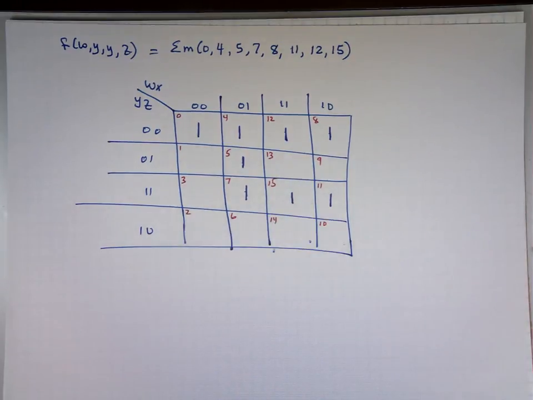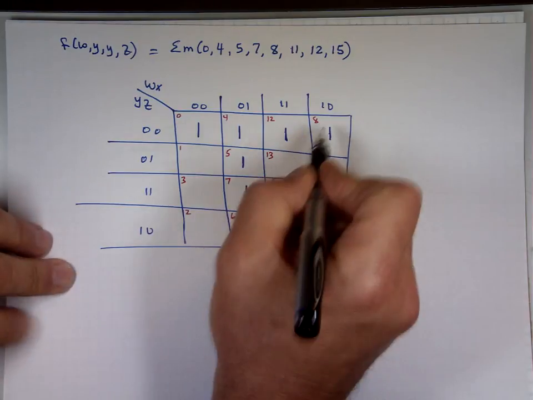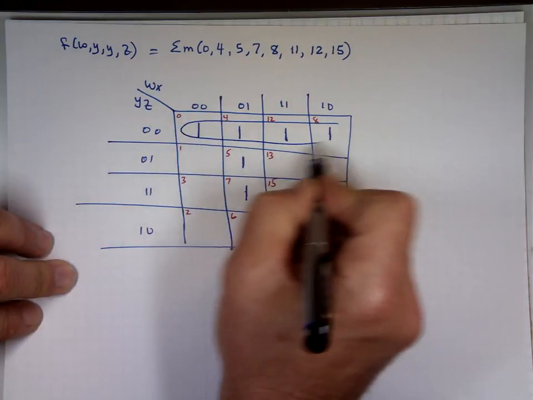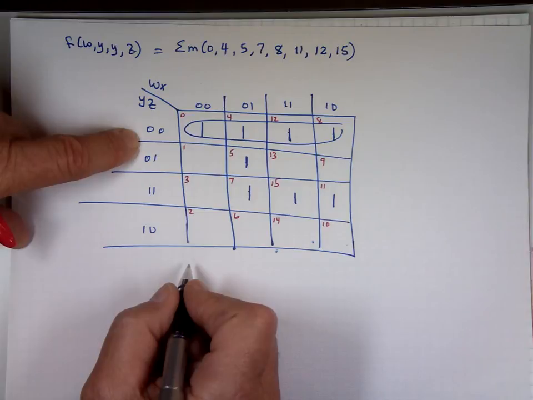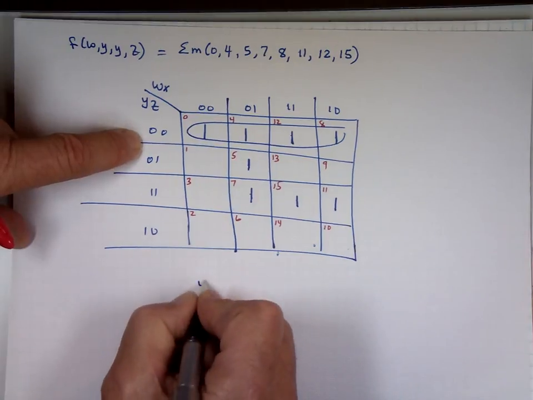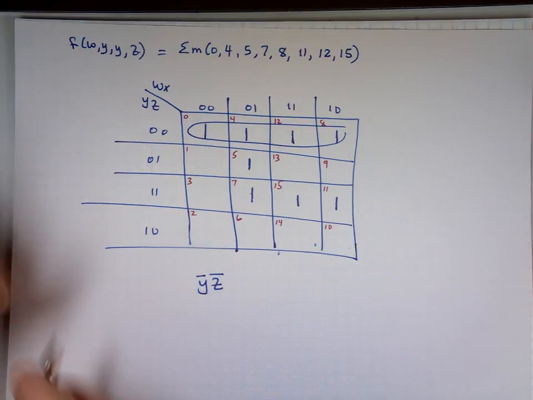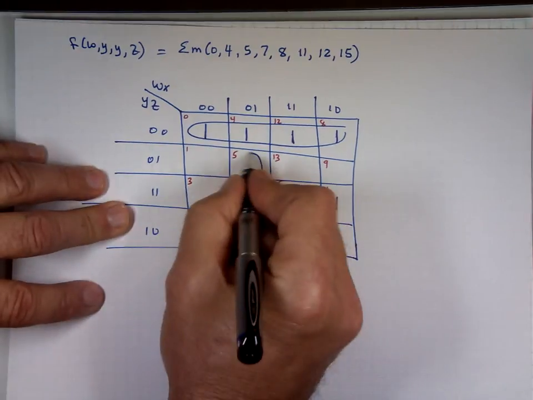It's a lot quicker with the K-map. Well, for 4x4. That's why I said earlier, you got to be out of your mind to use the Quine-McCluskey if it's 4 variable. This is one group, right? And you can do what? Y bar, Z bar. There's another group right here, and a group right there.